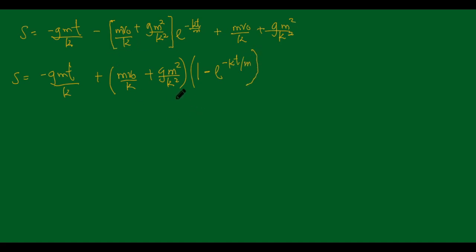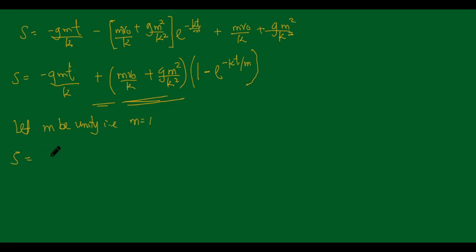So this is the solution. But here we have been asked to show that s is equal to minus gt over k plus v naught over k plus g over k squared multiplied by 1 minus e raised to power minus kt. So let m be unity. That is, you're assuming m to be equal to 1.